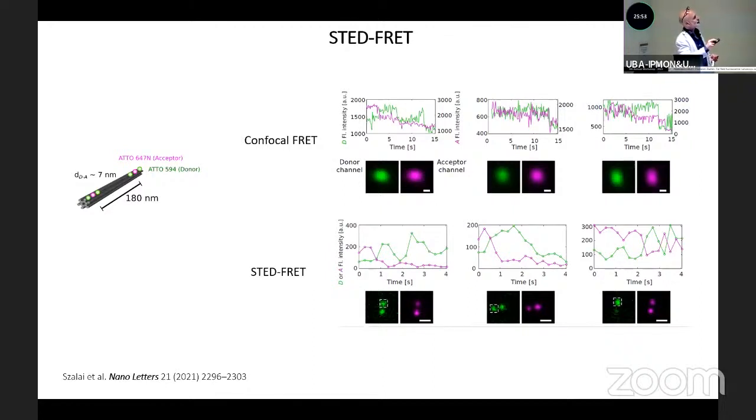When we do that in a diffraction limited measurement, the anti-correlated signals are very complex, because we have several molecules blinking. But when we do STED and we super resolve the 2 FRET modules, and we pick one, then in each one of those, we get clearly anti-correlated signals like in single molecule FRET. And here you see we had 16 STED measurements on almost single molecules. So this is possible.